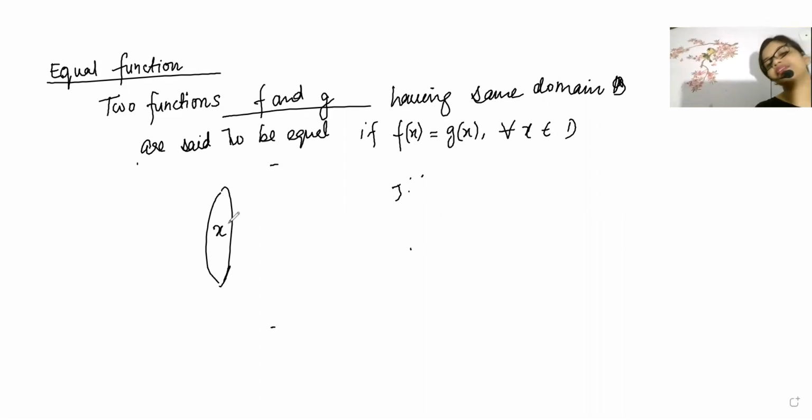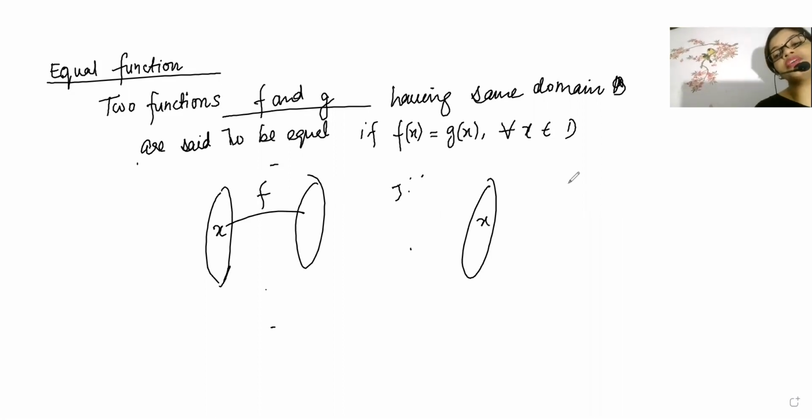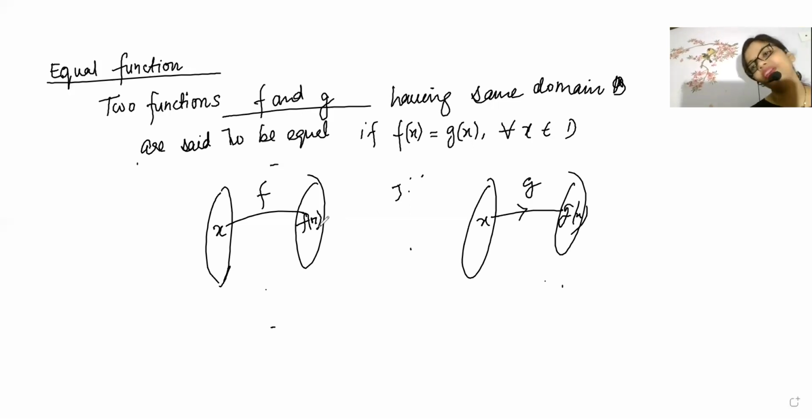So they are cleverly saying that for any domain element, f of x and g of x will be the same. Understood or not? They are telling that codomain and domain elements will all be the same and the function will be the same.